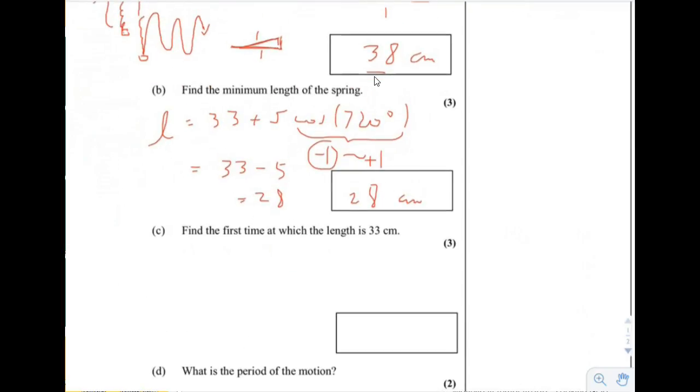Okay, so let's see. You have this function, and we could draw the function even though we don't have to. We know that the d value is 33, so it's going to be centered at a height of 33. And then it's a cosine wave, so it starts at the maximum and then goes up and down. And the amplitude is 5, so the maximum is 38, like we said, and the minimum is 28, like we said. Okay? And it says find the first time at which the length is 33.